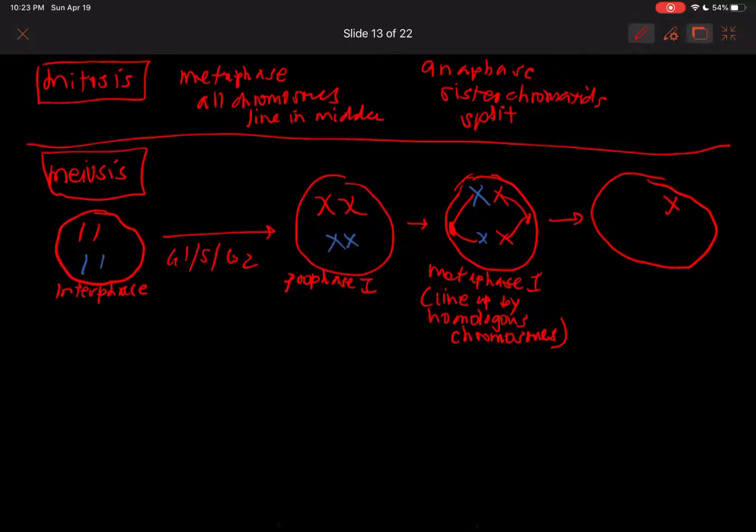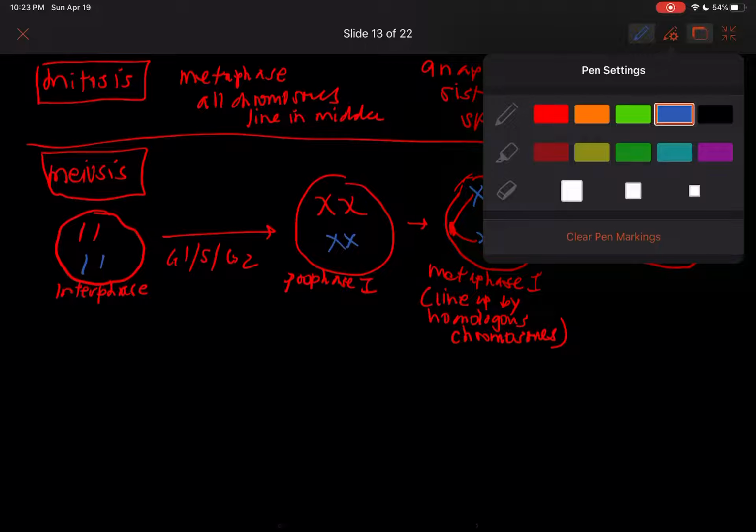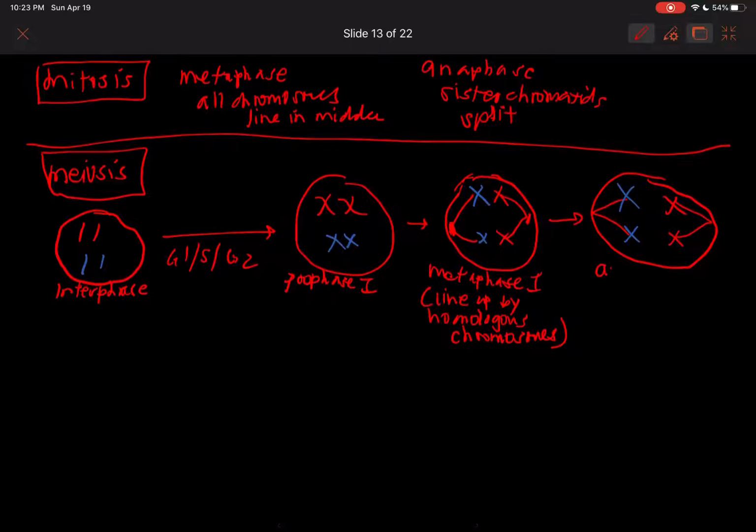You're not separating sister chromatids. You're going to separate the homologous chromosomes. Okay, so anaphase 1 separates homologous chromosomes.